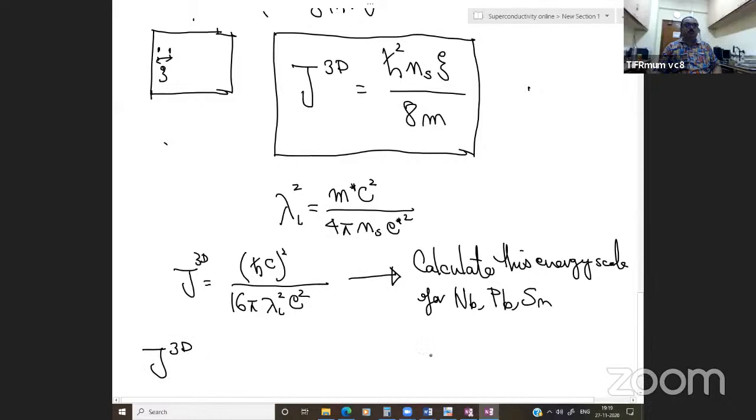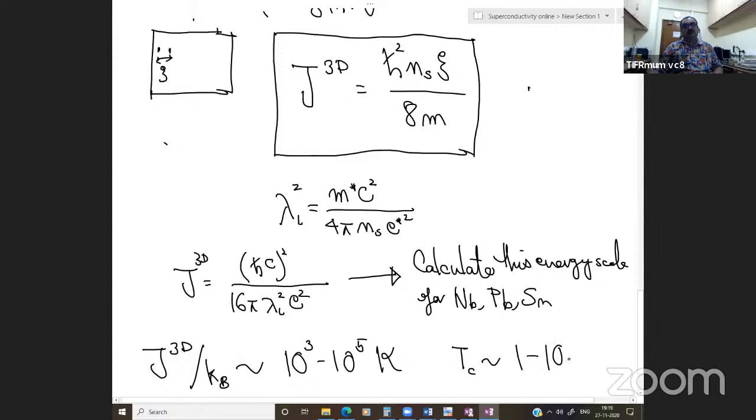If you put in these numbers, you will see that J3D divided by the Boltzmann constant will be 10 to the power 3 to 10 to the power 5 Kelvin, whereas all these have TC between 1 and 10 Kelvin, even 1 to 20.